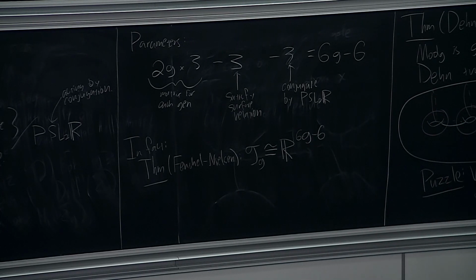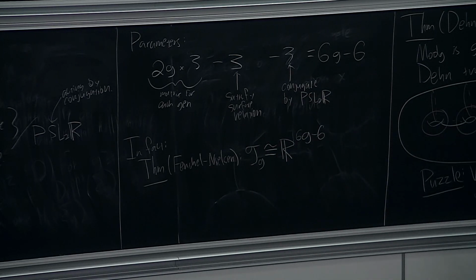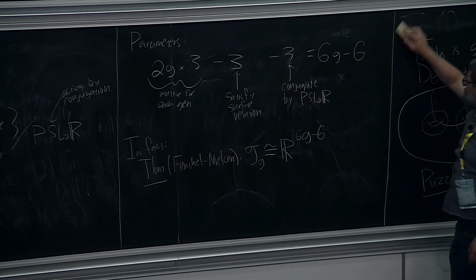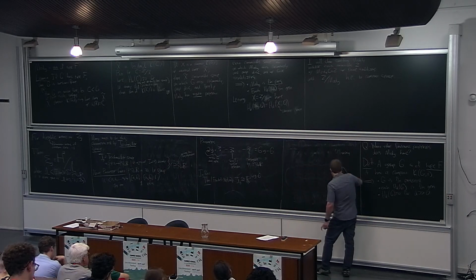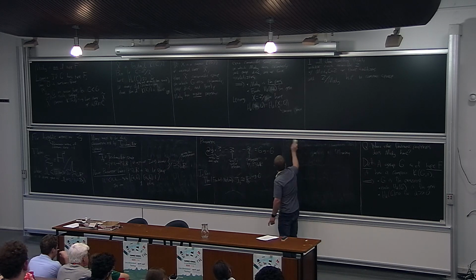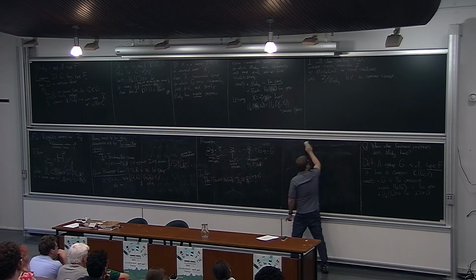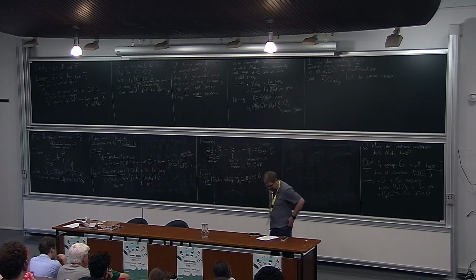Okay, so that parameter count, actually there are, in fact, 6G minus 6 freely chosen parameters. Let me tell you what those parameters are. So what are these parameters?